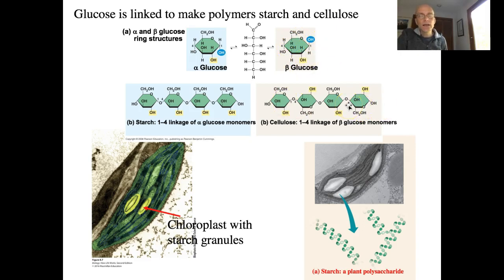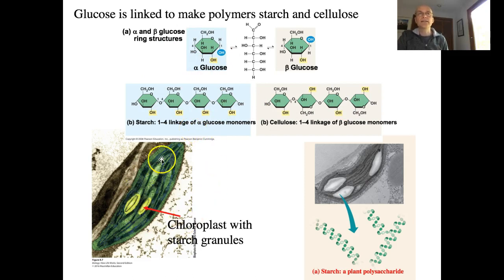And what is cellulose? Cellulose is, of course, what is in cell walls. So the plant can use the cellulose to produce cell walls, or if it's alpha glucose, it can use the glucose to produce starch.